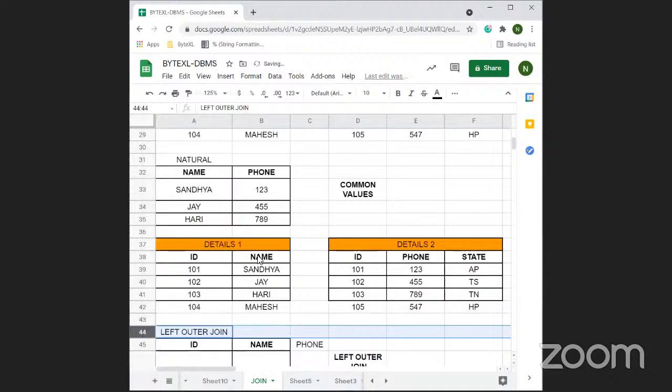Again, the same table I am taking. On this same table, we are joining the tables based on the condition left outer join.